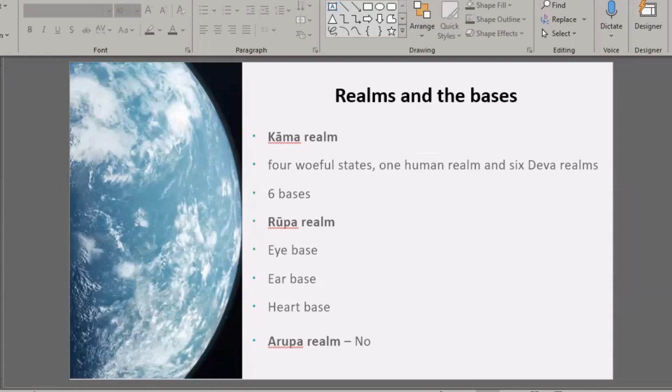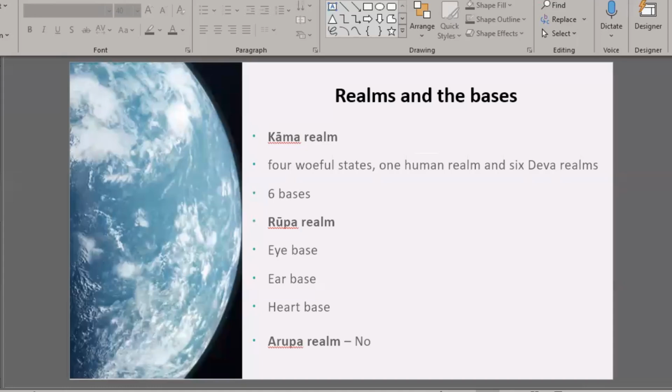Those who are reborn in Rupa realm have suppressed sensual desire. Therefore, when they are reborn in Rupa realm, they do not have influence from craving for sensual pleasure or sensual desire. That's another reason that nose base, tongue base, and body base do not arise in Rupa realm.